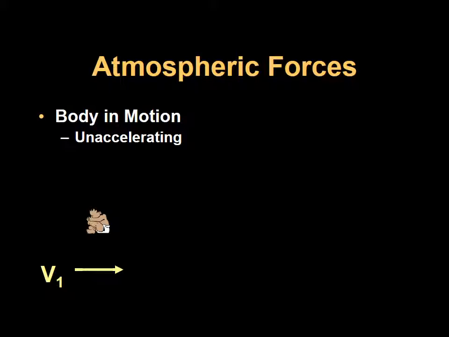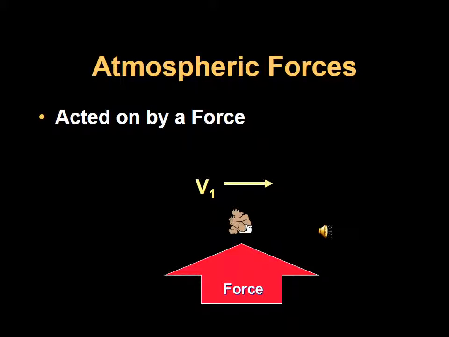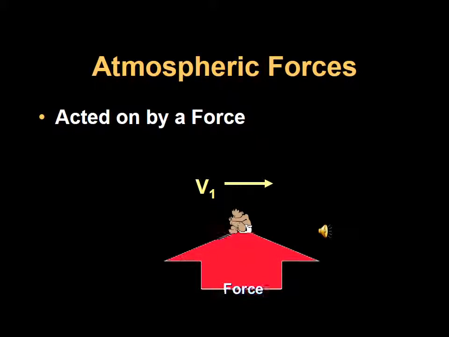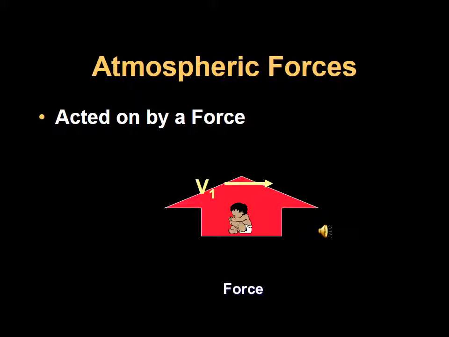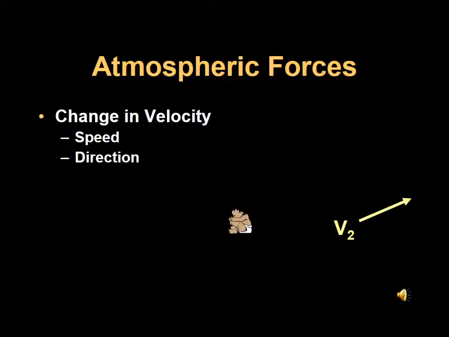So let's take a body. There you see a body. It's moving along at a constant velocity. Velocity means speed and direction. So it's unaccelerated. It moves along and a force is applied to the body. That force will result in a change in direction of the body.